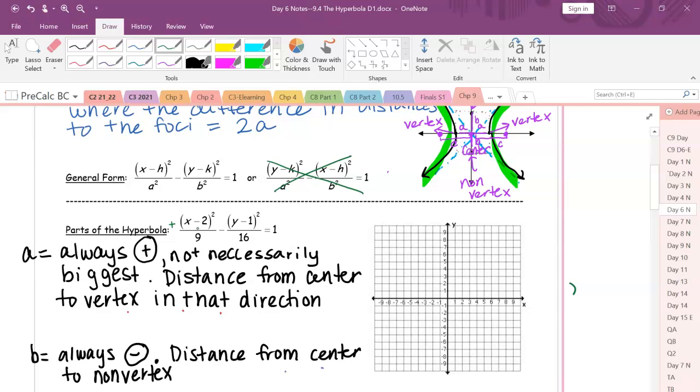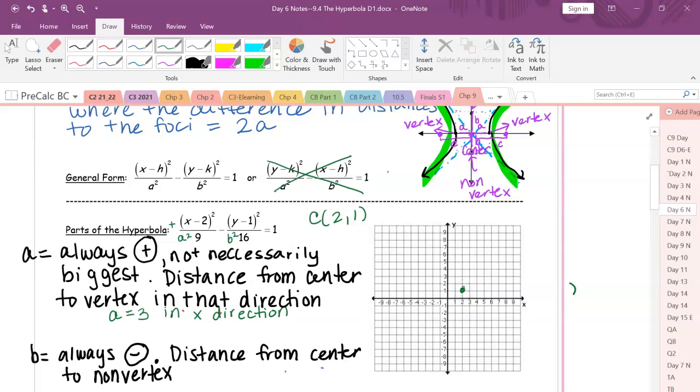And this is the distance from the center to the vertex in that direction. So again, because the minus is with the y, this is b squared. The a squared is always the positive one. So our a is going to be 3, and it's going to go in the x direction. So we're going to plot our center like normal.